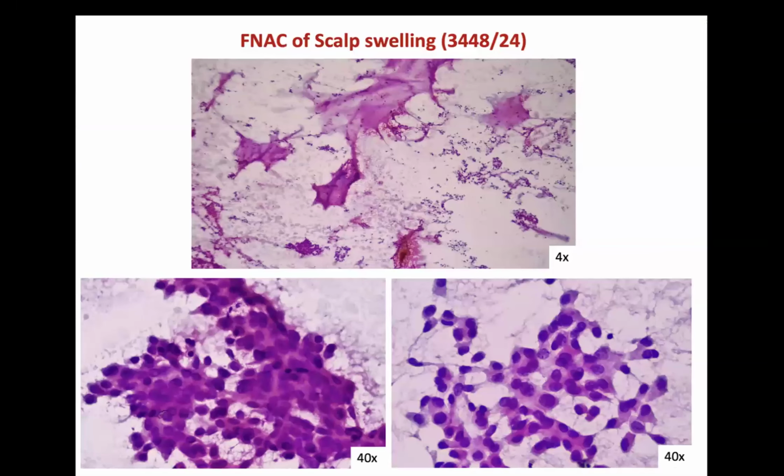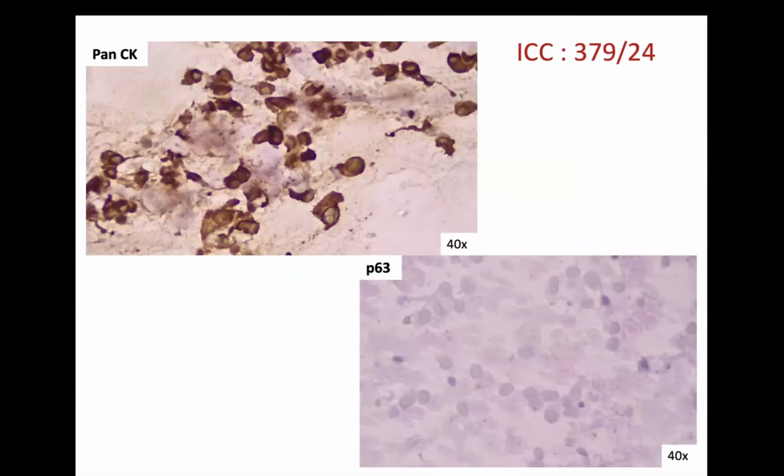FNAC was done on the scalp lesion, which showed loosely cohesive cell clusters along with a lot of background mucinous material. On higher power, the cell groups showed tumor cells which were small, monotonous, with not much pleomorphism, and round to oval nuclei. We did a basic immunocytochemistry panel.